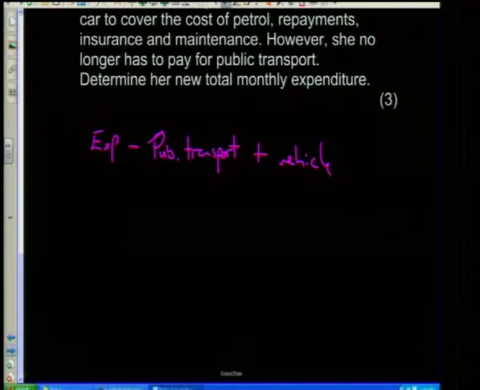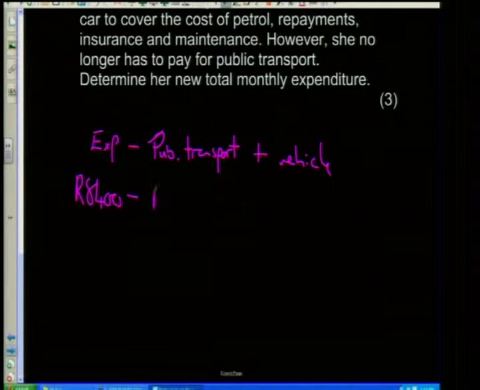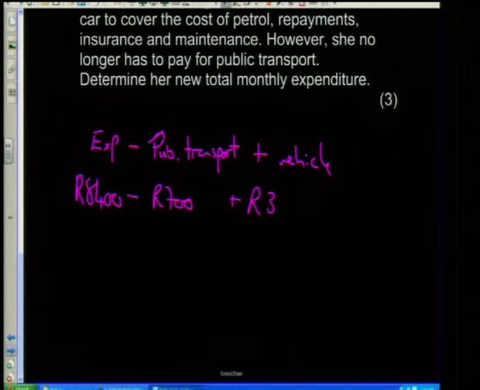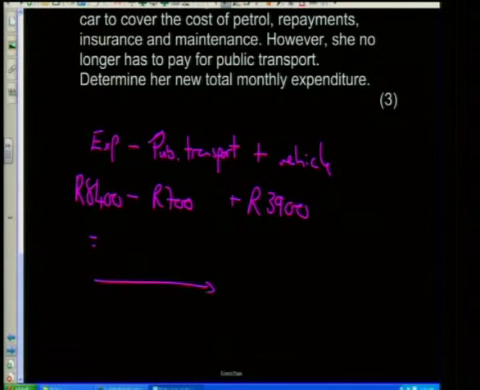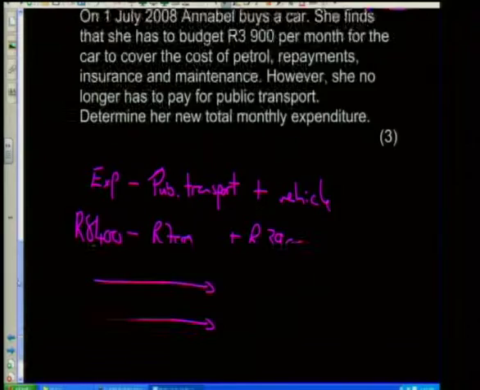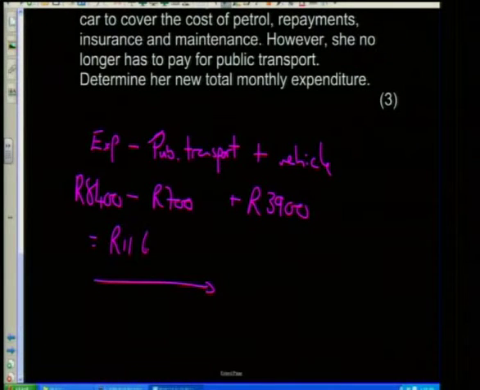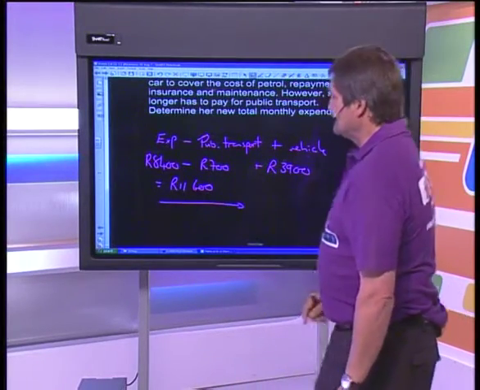Then you would have said 8,400 minus the 700 plus the 3,900 Rand, and you would have got to your answer of 11,600. They would have looked at that, and that's how you would have picked up all your marks.